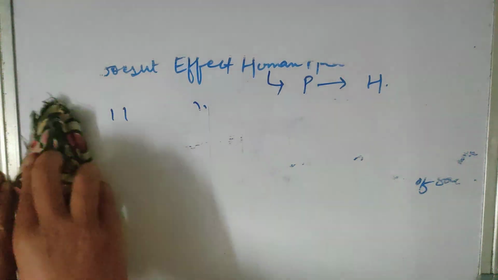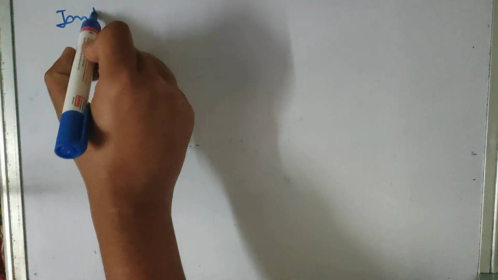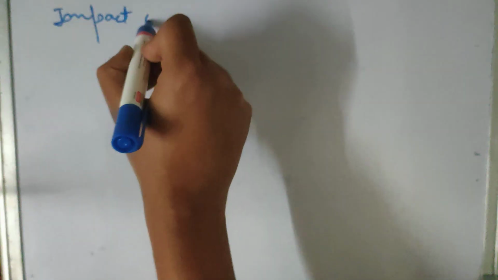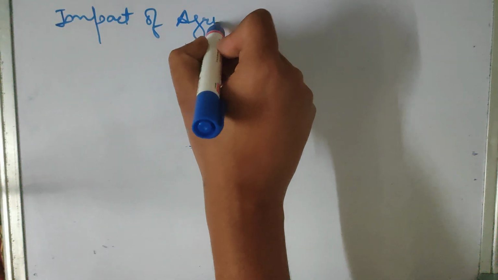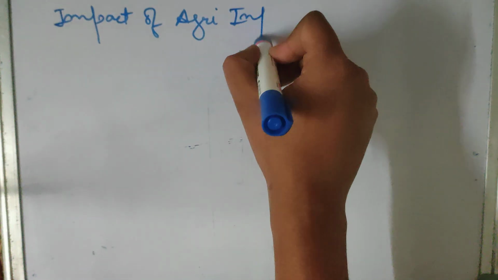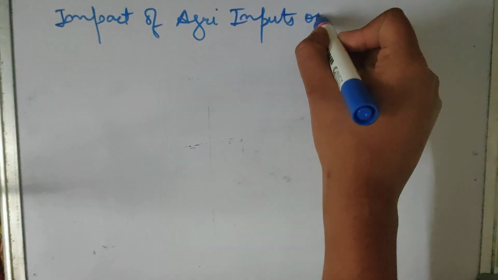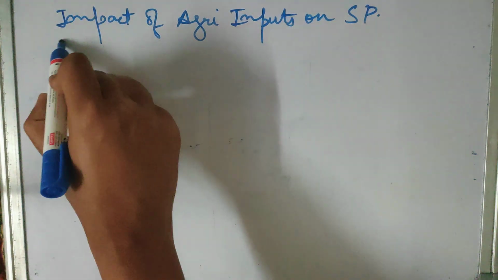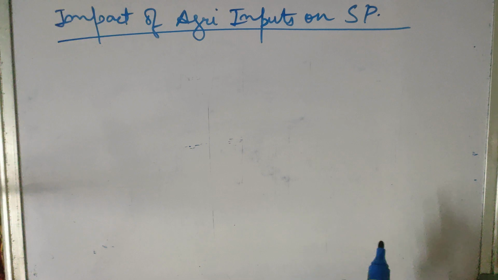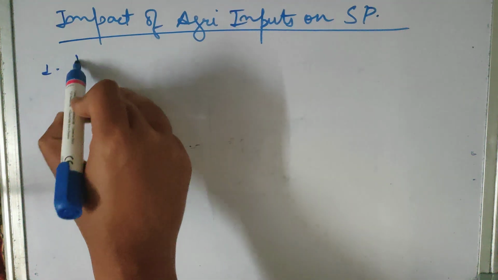Now moving on to the next topic of this session, that is impact of agriculture inputs on soil pollution. First of all is fertilizer.